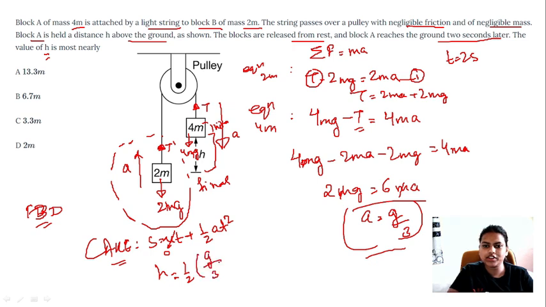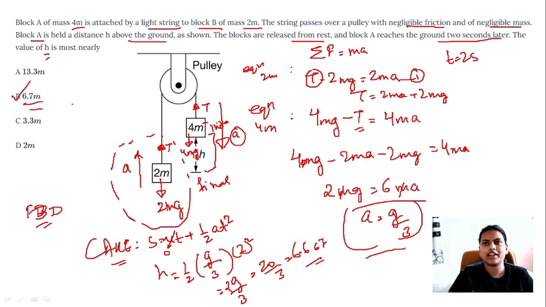Acceleration is g upon 3. This is the net acceleration for the 4m body, and the time is 2 seconds, so we write 2 square. Let's solve it. It would be 2g upon 3, so it would be 20 upon 3. 20 upon 3 is 6.667, so something around 6.7 meters is the h distance.